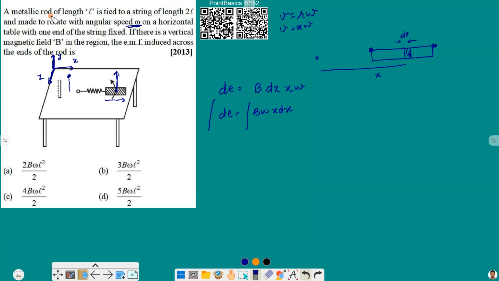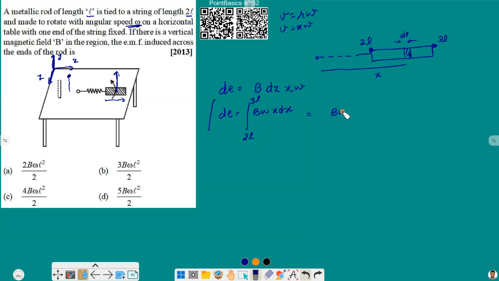Now the length of the rod is L and it is tied to a string of length 2L. So this means this point is at 2L on the coordinate axis, and the length of rod is L, so this point is 3L. So limits will be 2L to 3L.